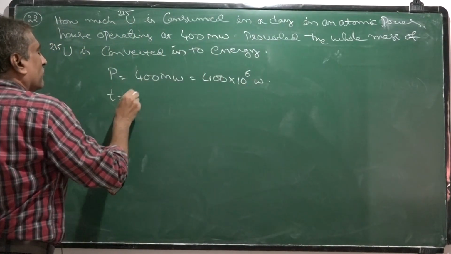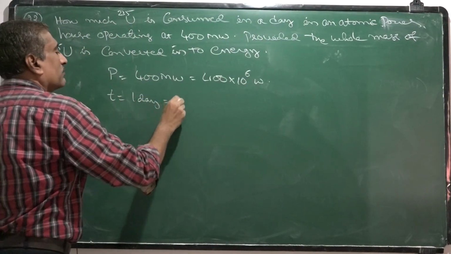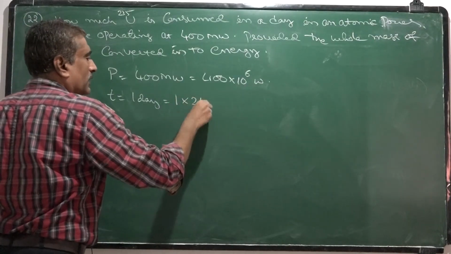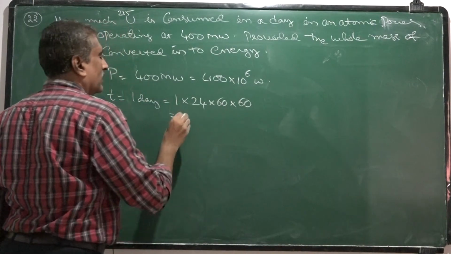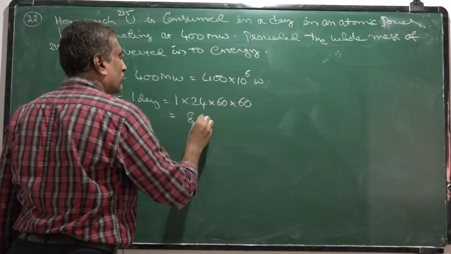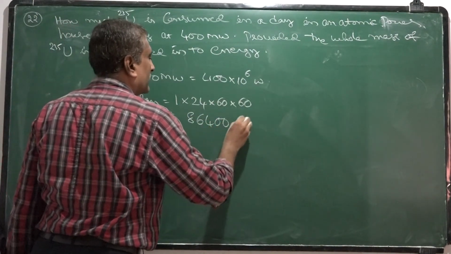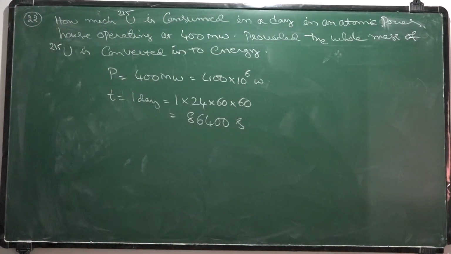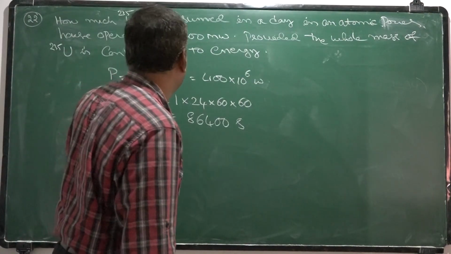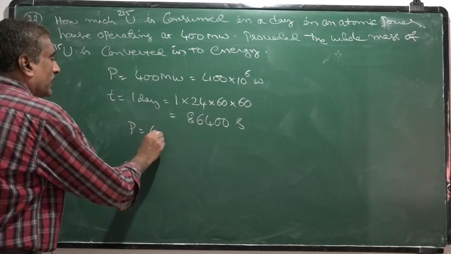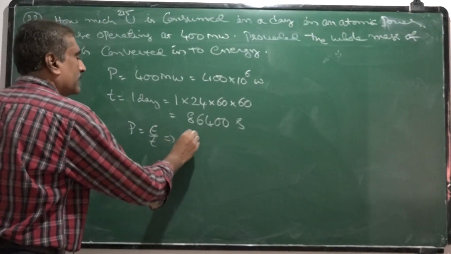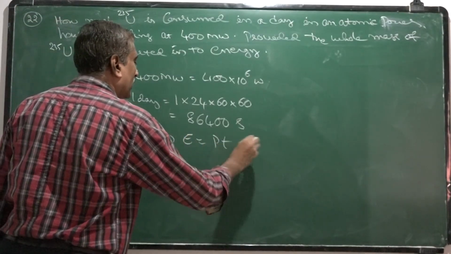So T is equal to 1 day, that is 24 hours and 60 minutes into 60 seconds, and this is 86400 seconds. Now if power is equal to energy by time, that implies energy released is power into time.